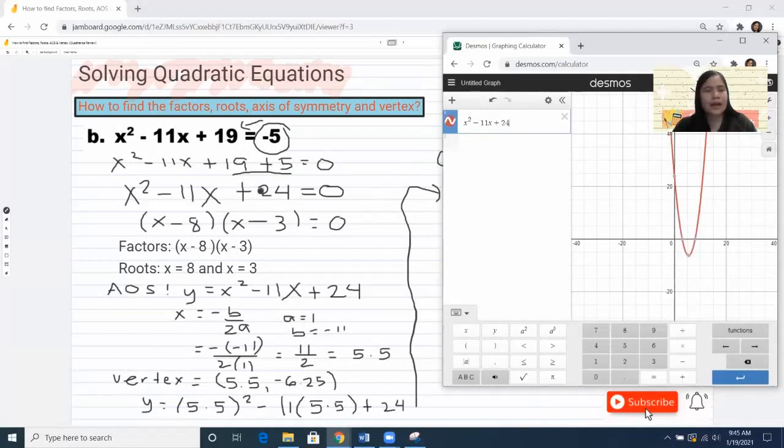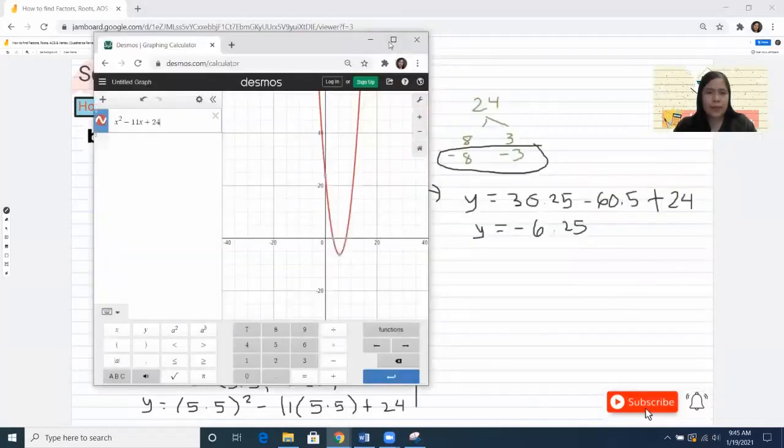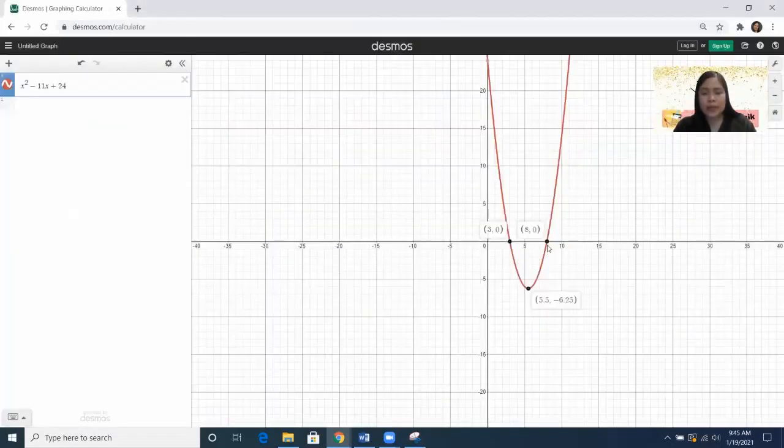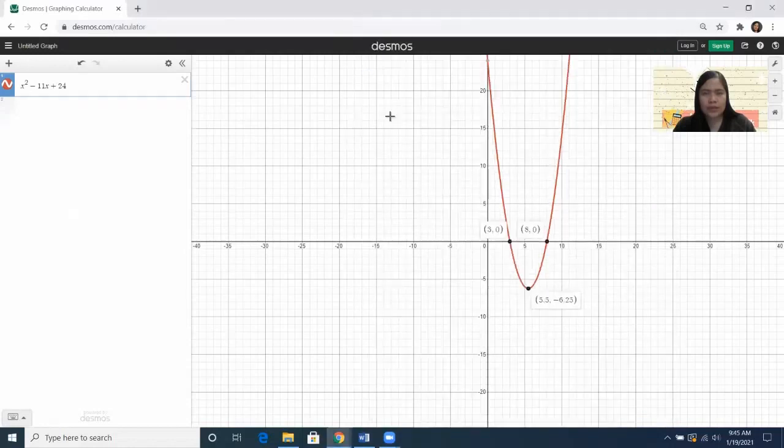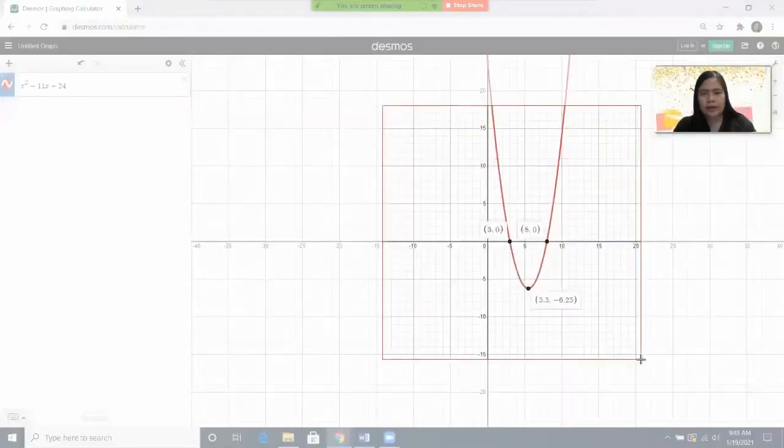So you type your function on Desmos in standard form. If it is not yet written in standard form, simplify it first. Let us first click the points that touch the x-axis and also the peak point, which is the vertex. Then we're going to double check our answer if we got it right or wrong.